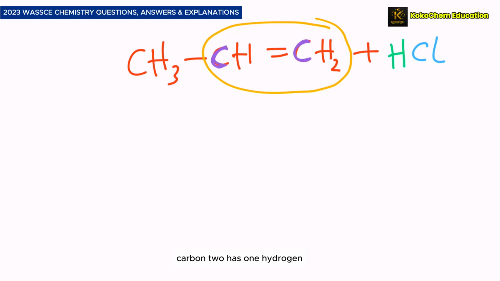If we are numbering, we say 1, 2, 3. Carbon 2 has 1 hydrogen. Carbon 3 has 2 hydrogens. So Markovnikov says to give the hydrogen in the hydrogen chloride to the carbon that has more hydrogens.